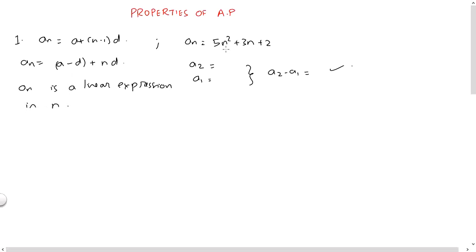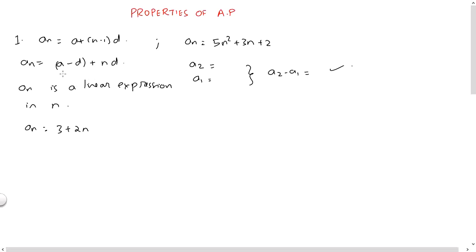So if you see something like an is equal to 3 plus 2n, then yes, you can say that this represents the nth term of an arithmetic progression. But if you see an expression which is a quadratic in n or even a cubic polynomial in n, you should understand that it does not represent the nth term of an arithmetic progression.